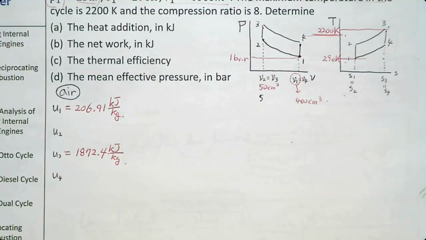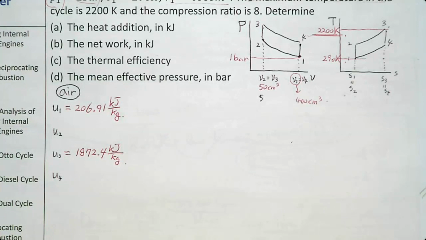How can you find U2 and U4? There's one information we have, which is between 1 and 2, it's going to be an isentropic process. In chapter 6, we studied several equations for isentropic process.